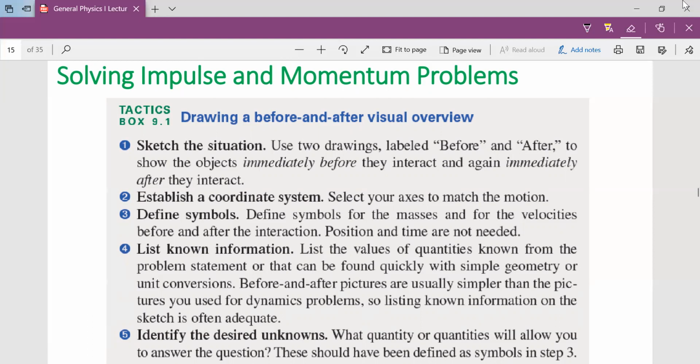We saw that in our last class, the very last exercise we did, the before and after situation, to help us define initial and final momentum, initial and final velocity states. So we define immediately before the interaction and immediately after the interaction. Those are the areas of focus.